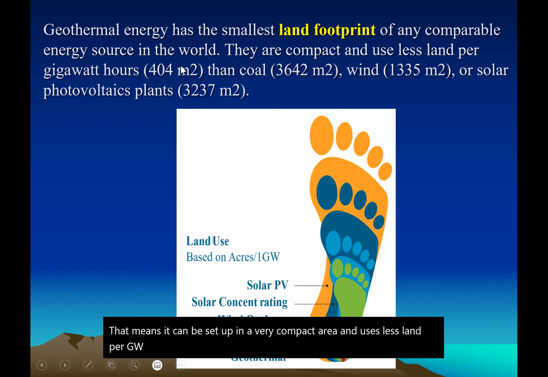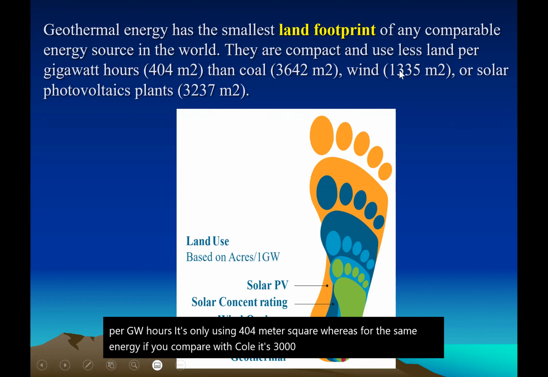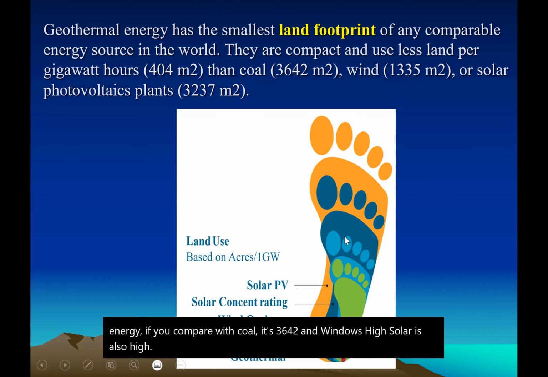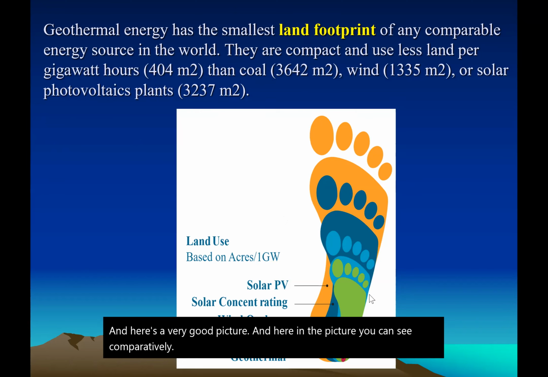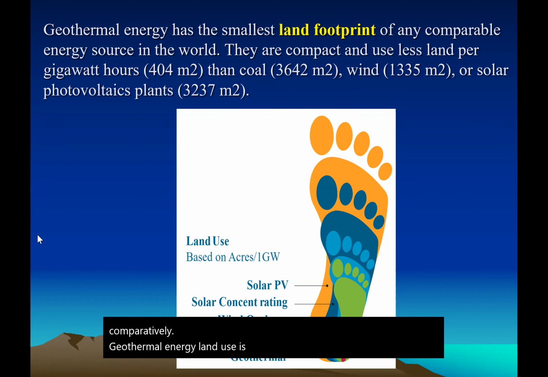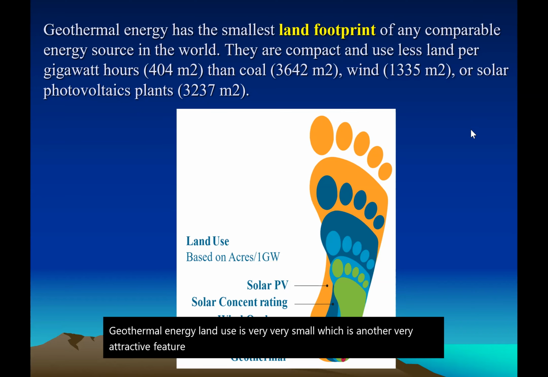It's only using 404 meters square, whereas for the same energy, if you compare with coal, it's 3,642, and wind is high. Solar is also high. And here's a very good picture. In the picture, you can see comparatively, geothermal energy land use is very, very small, which is another very attractive feature for geothermal.